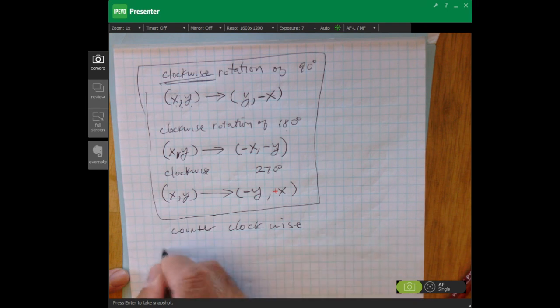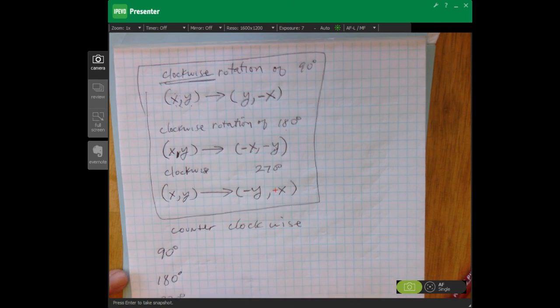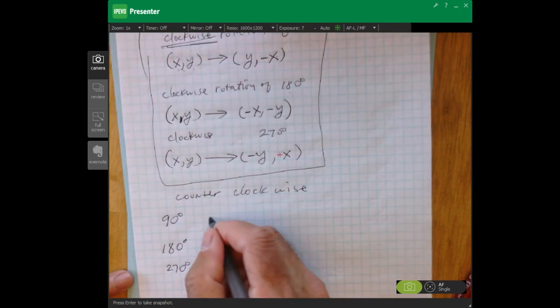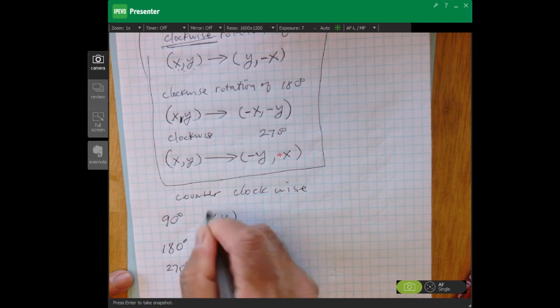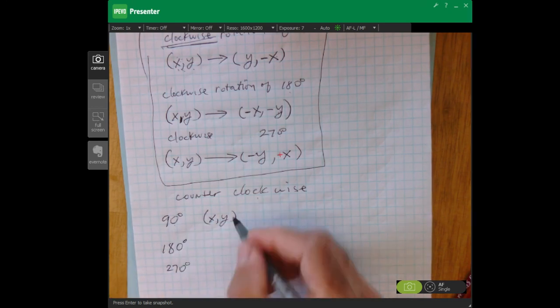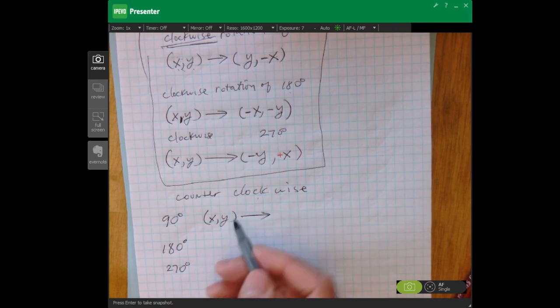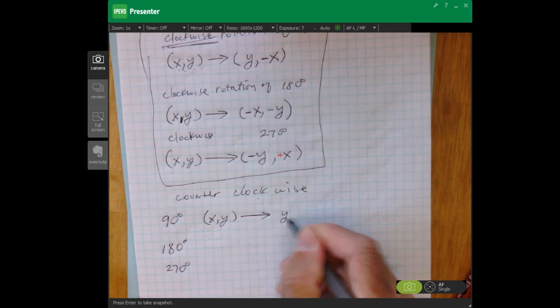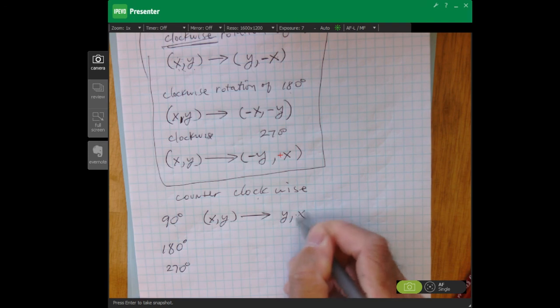Counterclockwise, 90 degrees, 180, 270. Okay, so 90 degrees counterclockwise is going to switch just like this, y and x.